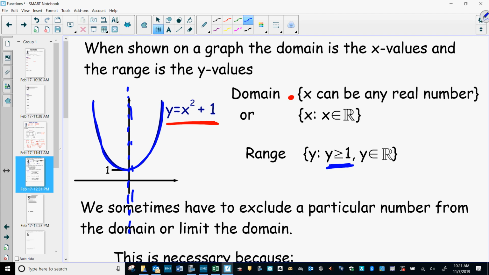Because the graph sits above and touches the 1. Yes? Do we appreciate that it can be any real number? There's no gaps in the graph, there's no breaks, it's very smooth, and we know that this graph can carry on and on and on forever. So that's why the x is any real number and the range is greater than or equal to 1. Okay, so that's from that diagram.